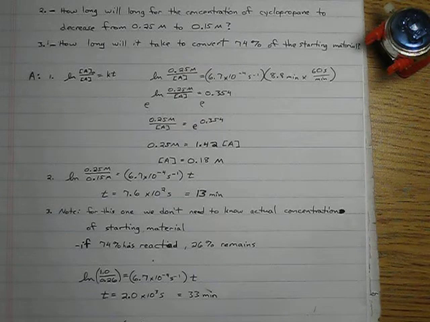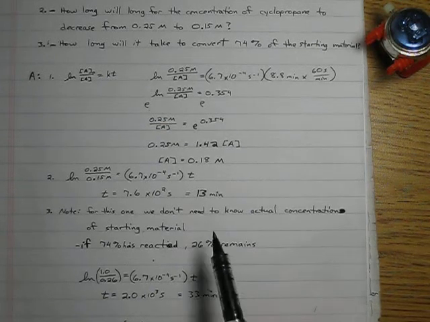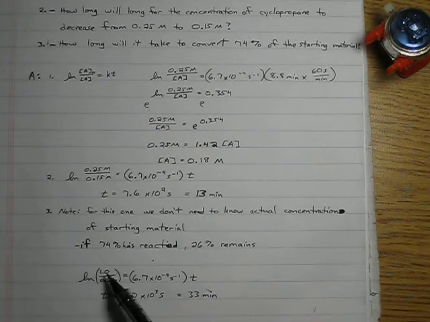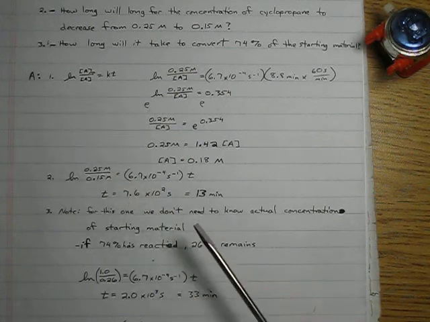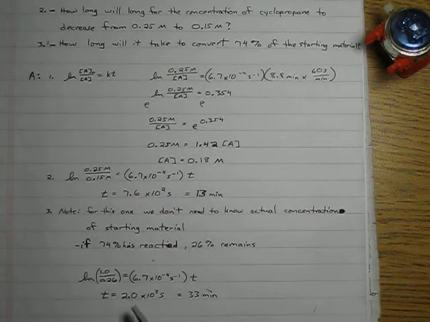And once you get to this point, there's two ways to do this math. One is the harder way. It's not that much harder, but one's the harder way and one is the easier way. Because we need to take the natural log of the concentration of A naught divided by the concentration of A. And we have 26% of that concentration of A remaining.